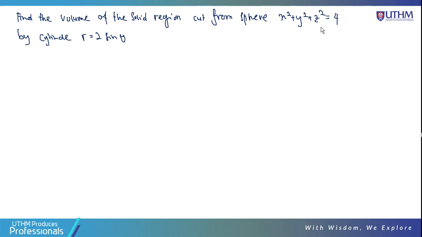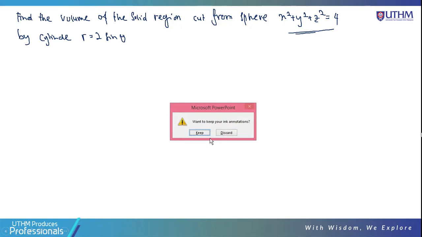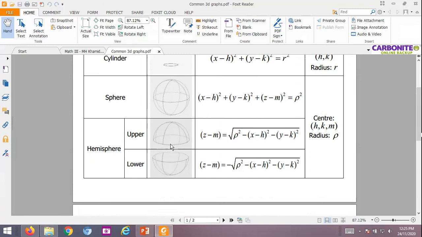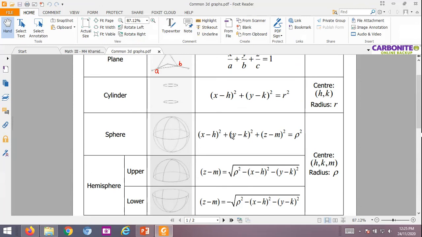So this one you tahu lah, this one adalah sphere. Sama dan saya bagi dalam bentuk 3D tu. Okay, 3D mana sphere.